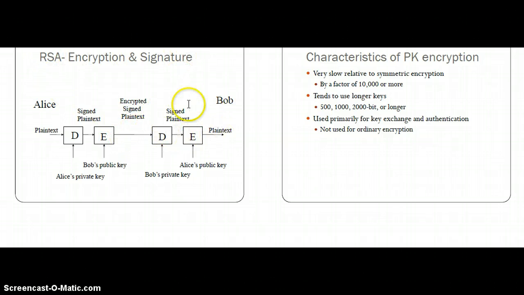When it reaches the destination, Bob, the block diagram shows the public key for encryption, and at that block Bob's private key is used for decryption. Now the message is only signed.